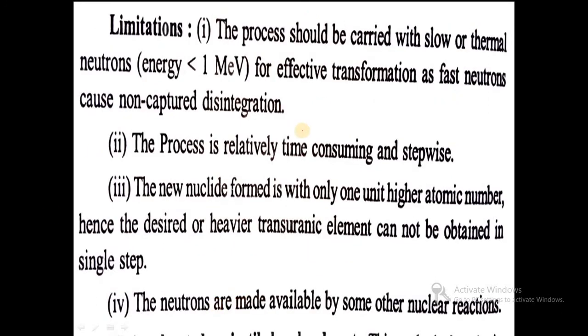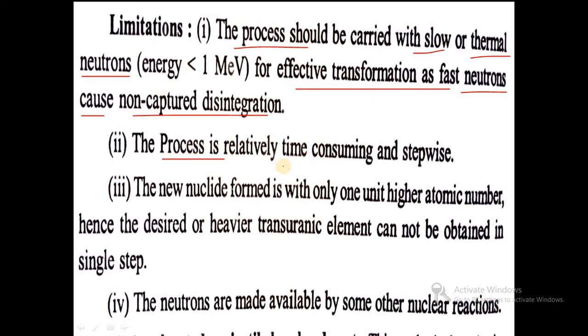And what are the limitations of this method? The process should be carried out with slow or thermal neutrons. The neutrons used in this process are slow or thermal neutrons for effective transformation, as fast neutrons cause non-capture disintegration. If we use fast neutrons, then the reaction does not go ahead.